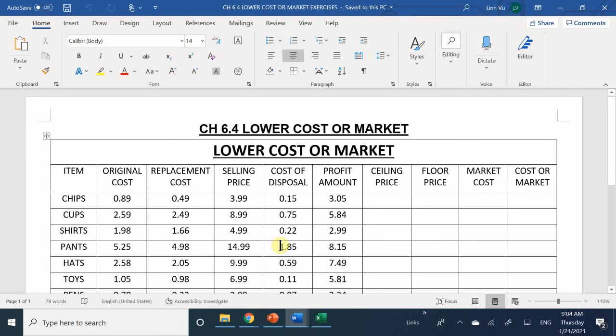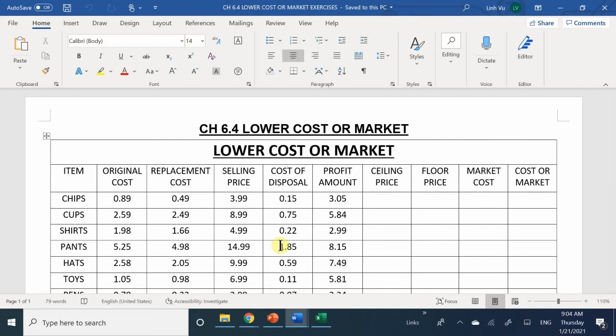Example number 1: you purchase bags of chips. It cost you 89 cents, but let's say these chips became outdated, or it's a limited edition flavor. A lot of chip brands bring out a temporary flavor, and then if you need to get rid of it, you know what happens. So I bought these chips for 89 cents each.